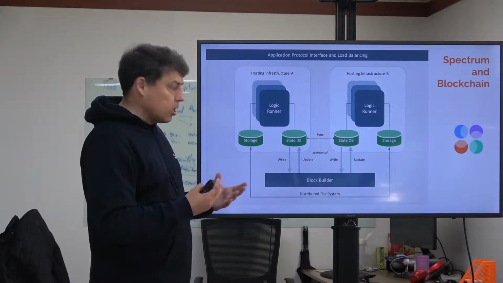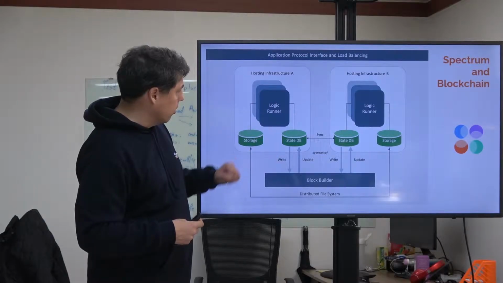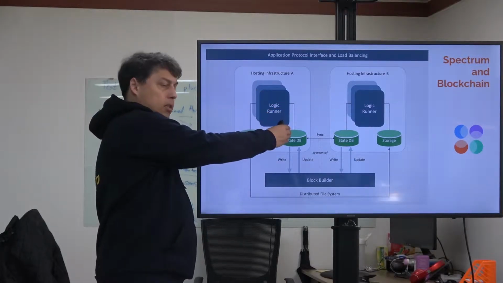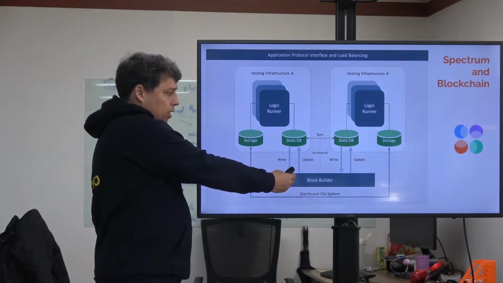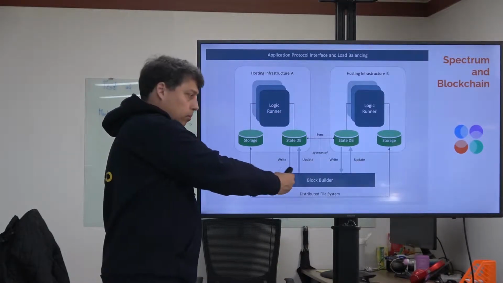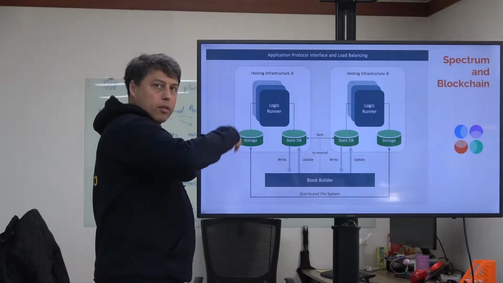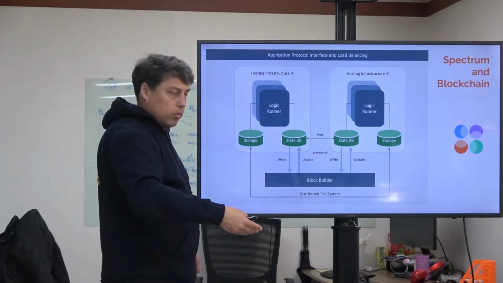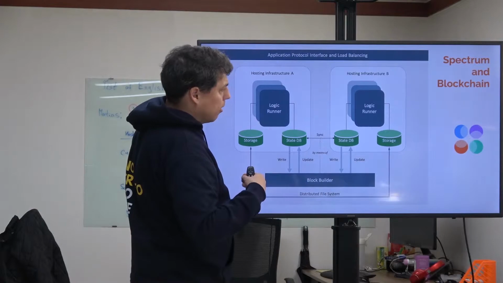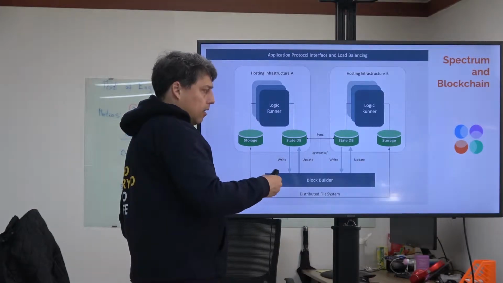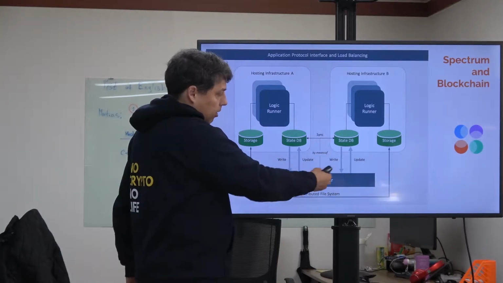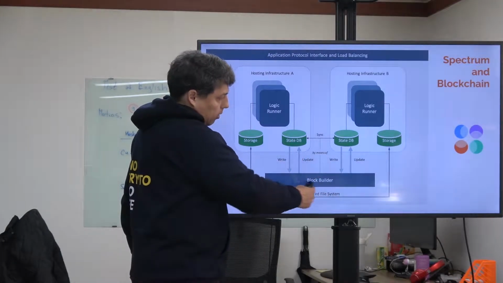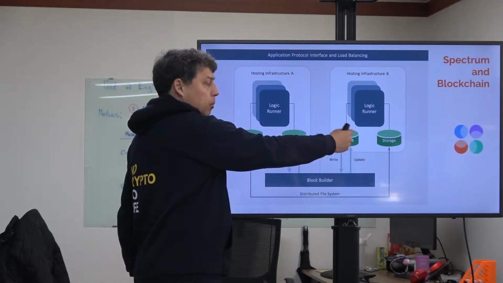And the magic happens behind the curtain. When the application writes something to the database, updates its state, the state update is sent to the blockchain. The block builder creates a transaction, files it into a block, and then other nodes that run maybe in a different cloud read what has been written and send it to the database, and the database is updated.